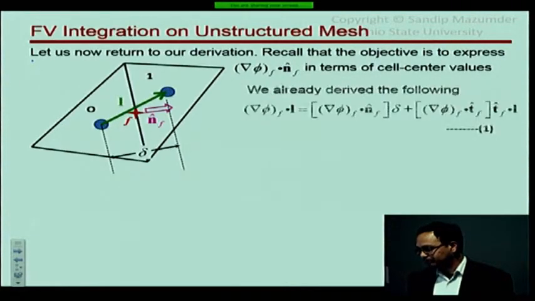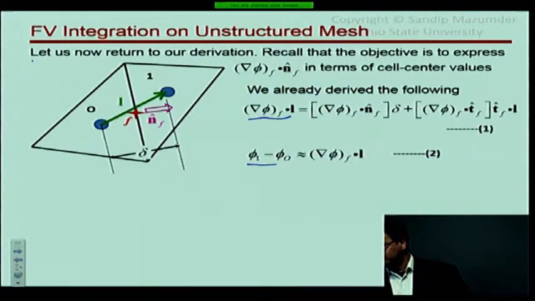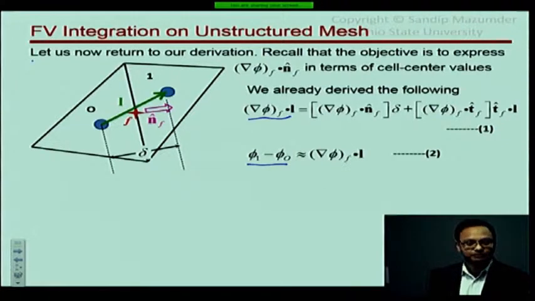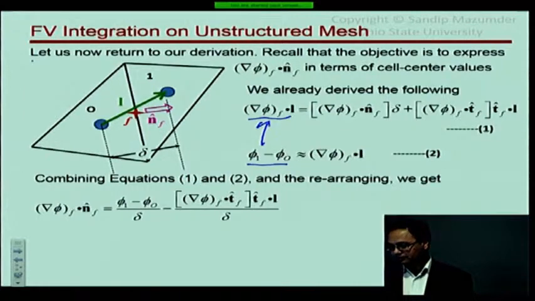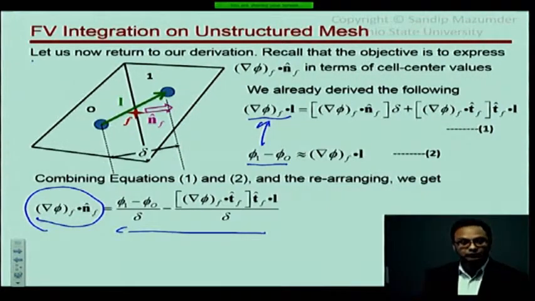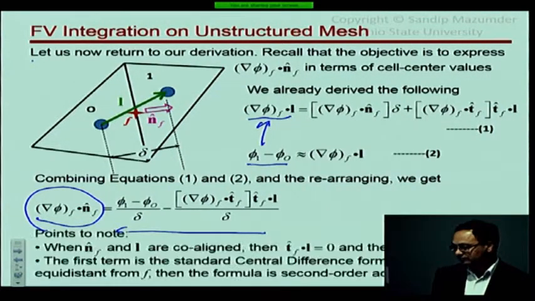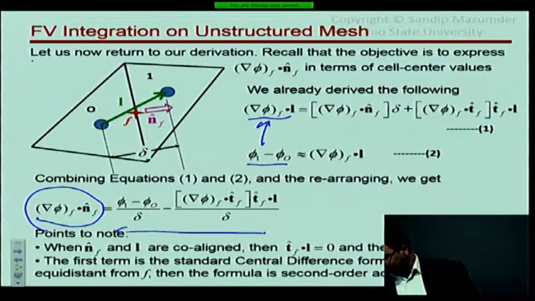Getting back to your formulation, so here is what we had. We were trying to approximate this. Now we have done that. That's your approximation, so we are going to plug it into this expression. This goes in here and we rearrange so we can write this quantity as that. So my finite volume expression, instead of going back to the previous slide, I'm just going to write it out here.